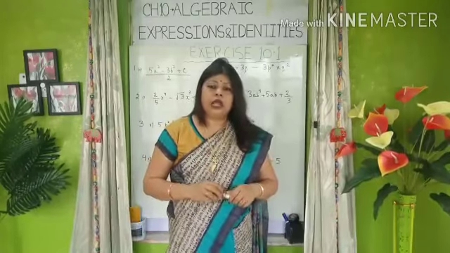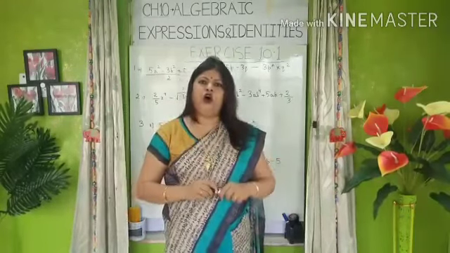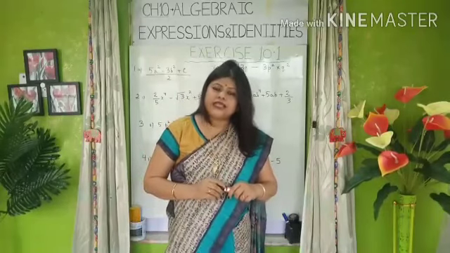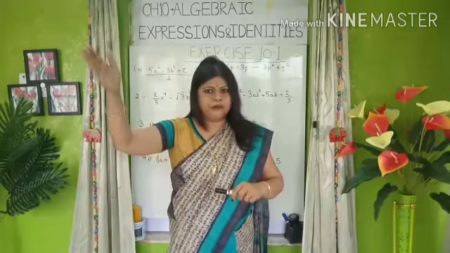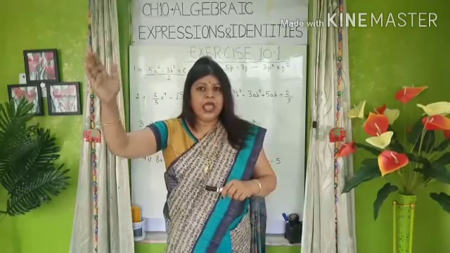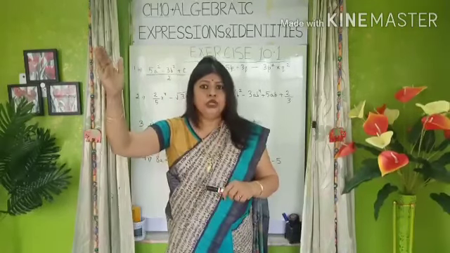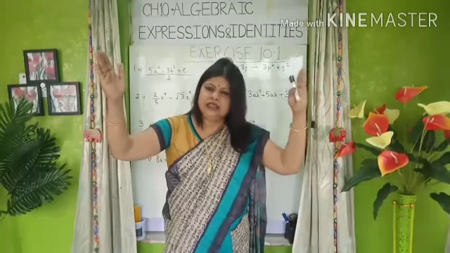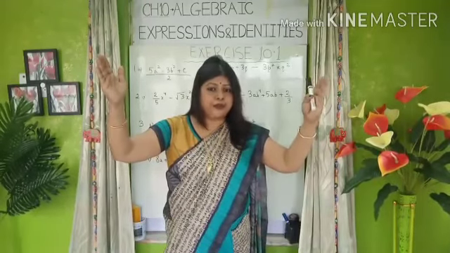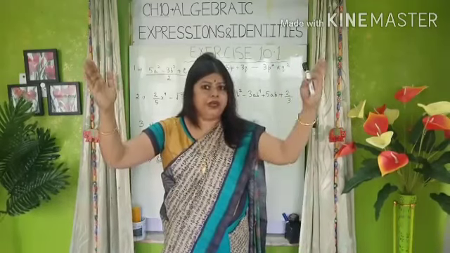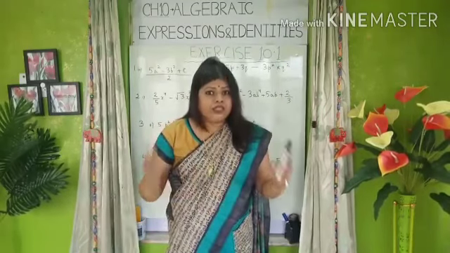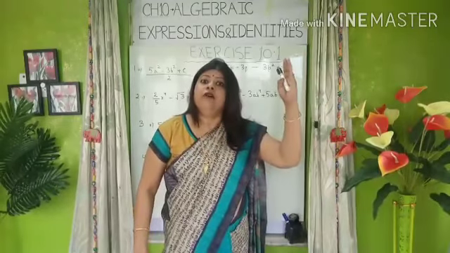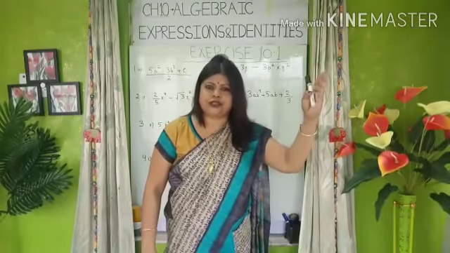Followed? Now there is another way of expressing in mathematical language. What is that? You need numbers, that is the constants. Along with numbers, what do we use? We use English alphabets. Yes children, alphabets. Now the values of these alphabets are not fixed. That is why these alphabets are called variables or literals.